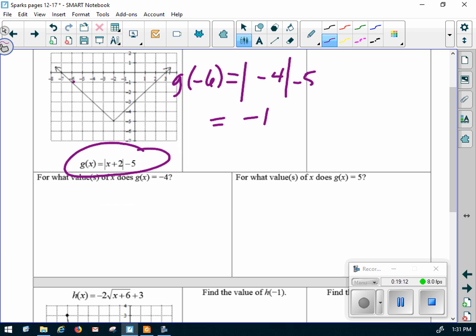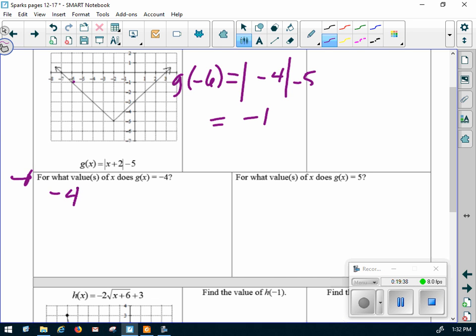We're going to skip to this question right here. For what values of x does g of x equal negative 4? What am I trying to find? Yes, I'm trying to find the x values when y is equal to negative 4. Where do I put negative 4? Good.